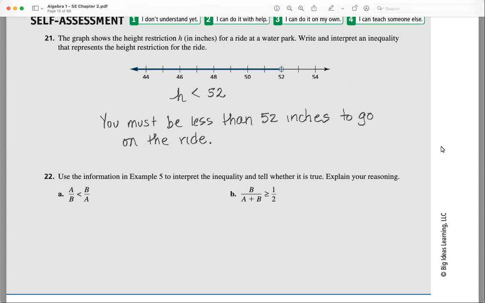Okay, so I'm going to use the same numbers 8 and 4 since I used them earlier, and use the information in the example. So the information was that B was less than A. Okay, so I'm going to continue using the same information. Hold on, guys. I don't know why I'm having a problem with my numbers.